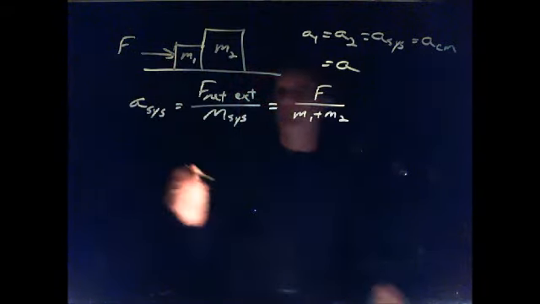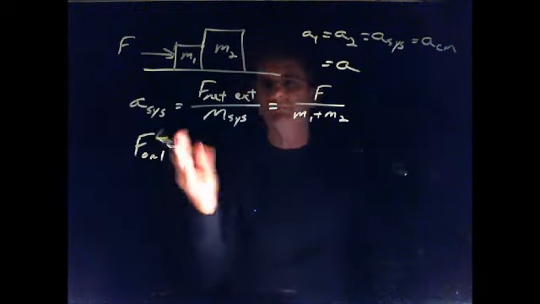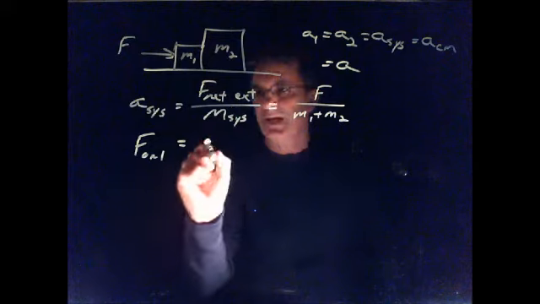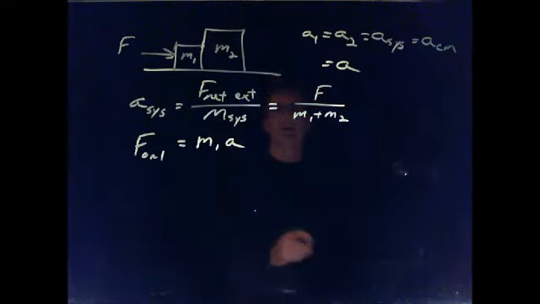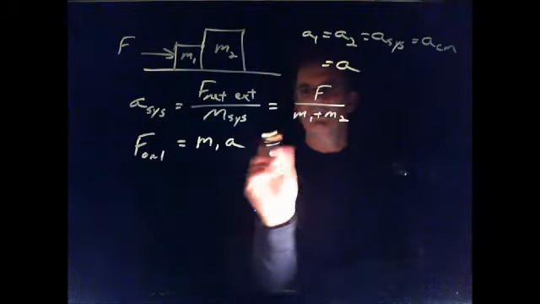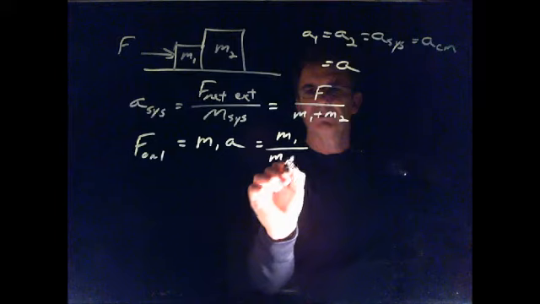And so I know my force on 1 is simply going to be the mass of block 1 times its acceleration. The acceleration is this term right here. So my force on 1 is simply M1.